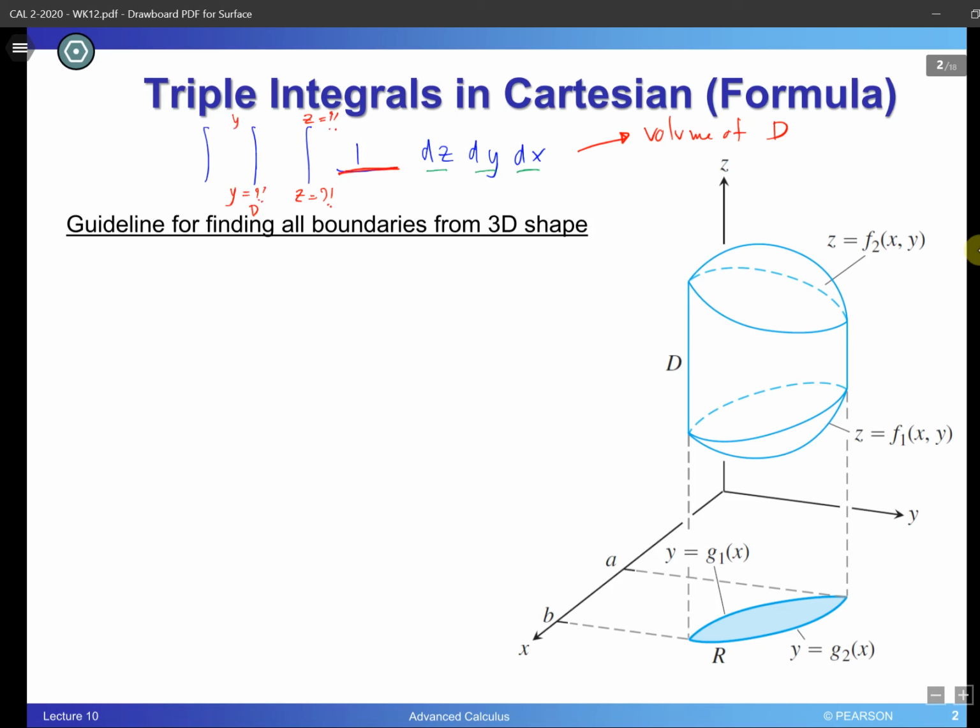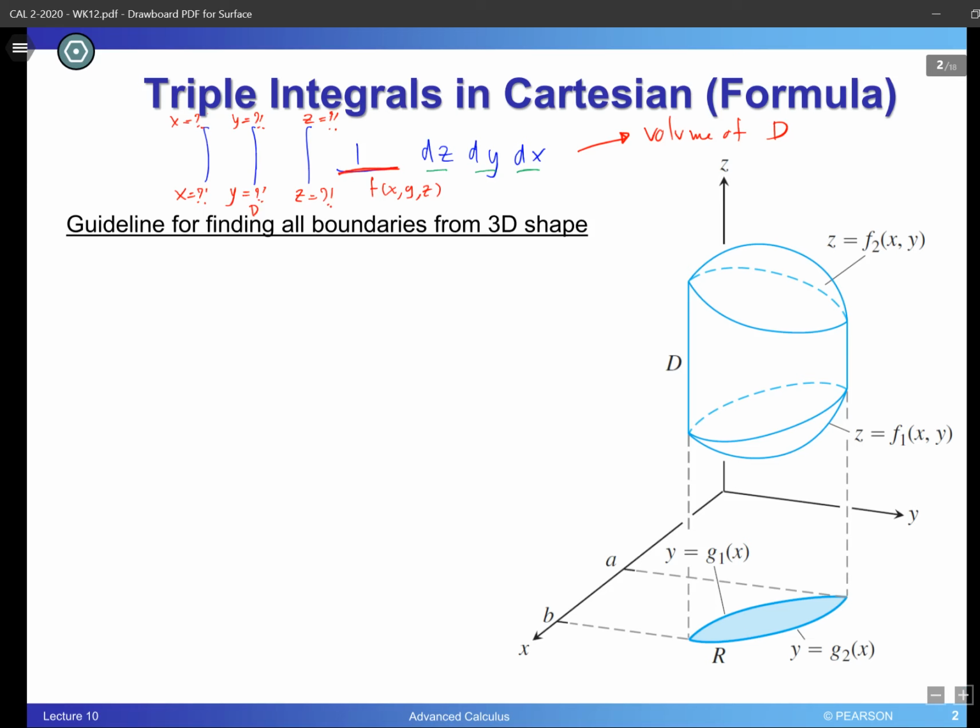And ends at what value? Same with x. Okay, and last one. So let's find out about all these unknowns. Okay, so by the way, this one right here, we set it to 1 arbitrarily, okay, to make it a volume. Okay, this is function of x, y, and z. So let's find out about this.